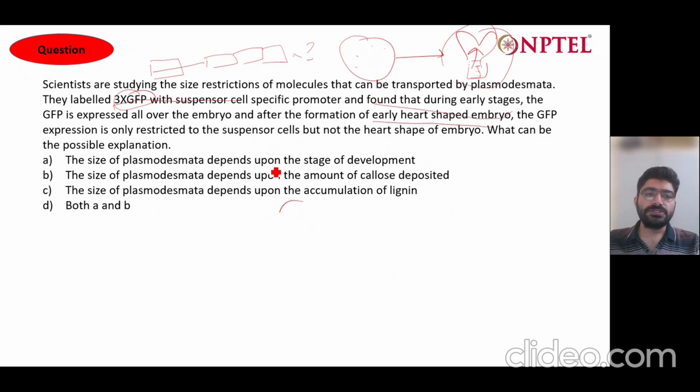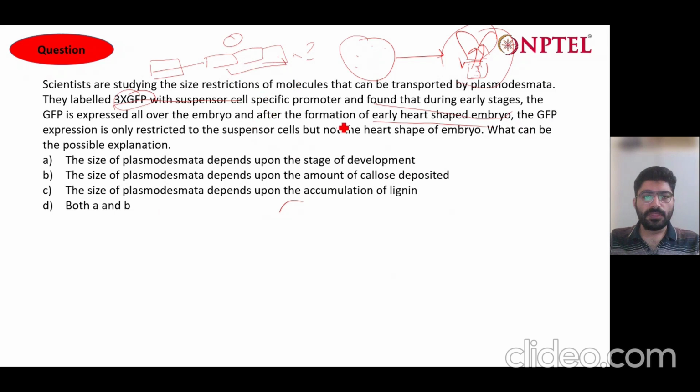Option A, the size of the plasmodesmata depends upon the stage of development. Option B, the size of plasmodesmata depends upon the amount of callose deposited. Option C, the size of plasmodesmata depends upon the accumulation of lignin. Option D, both A and B. So if the protein is not moving to the upper part, that means the size of the plasmodesmata is decreased, because this 3 times GFP will be larger in size as compared to a single GFP molecule.